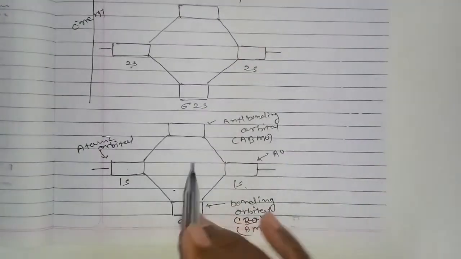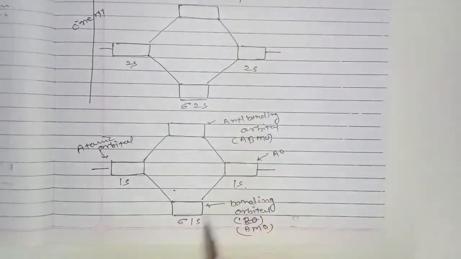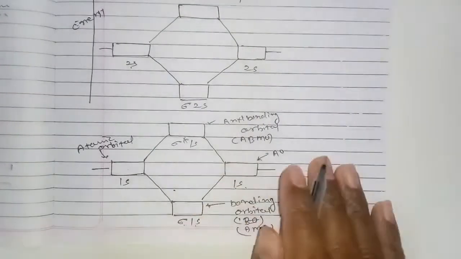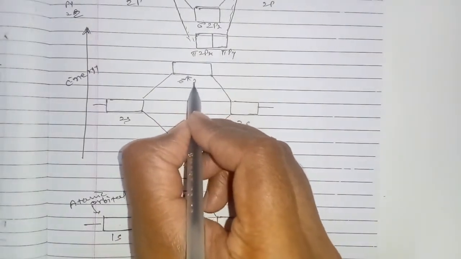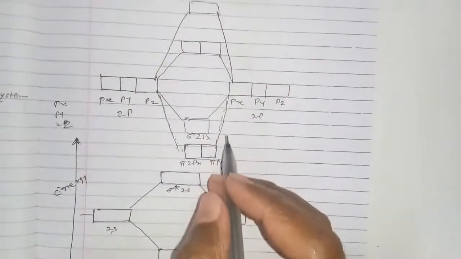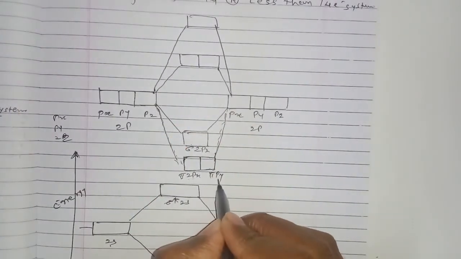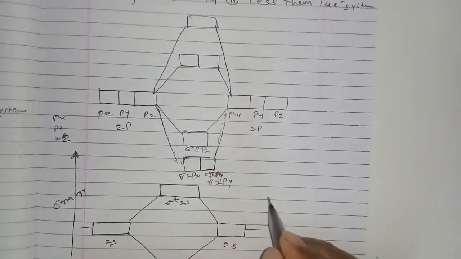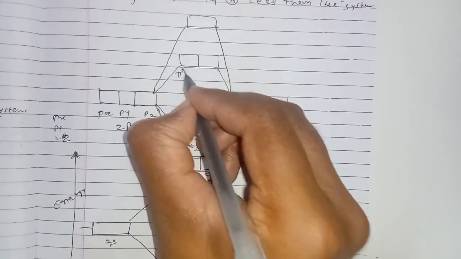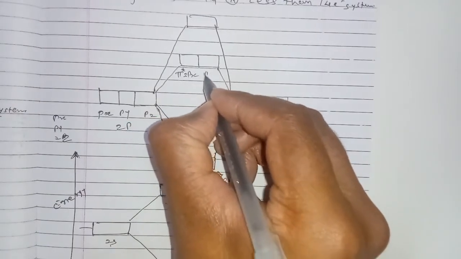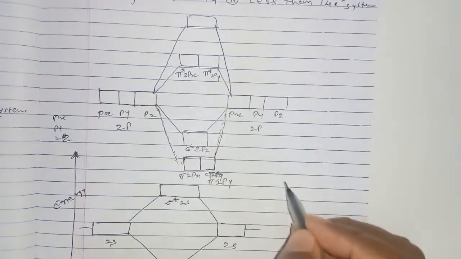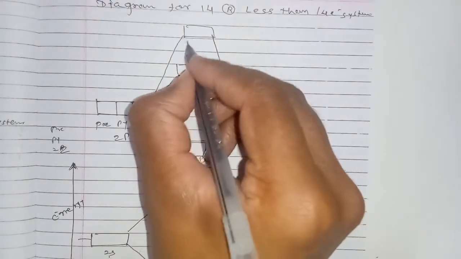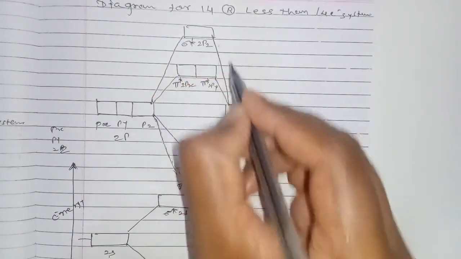Now the anti-bonding molecular orbitals: sigma anti-bonding 1s, then sigma anti-bonding 2s, and here pi anti-bonding 2px, and this pi anti-bonding 2py, and here sigma anti-bonding 2pz orbital.